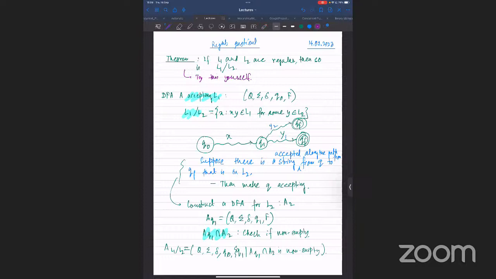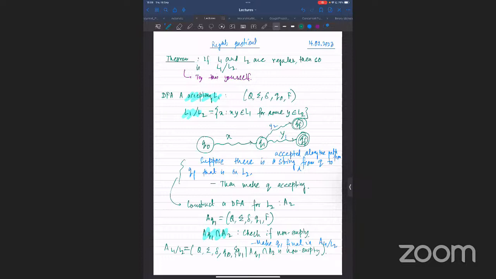Okay, make Q1 final in A of L1 slash L2. Clear enough? And you need to do this for every Q1.